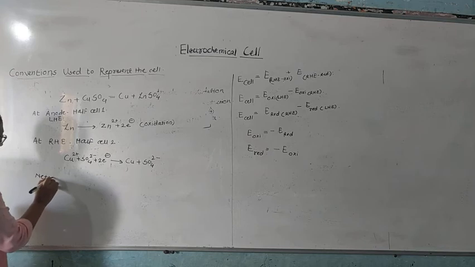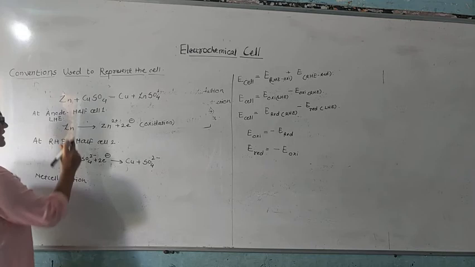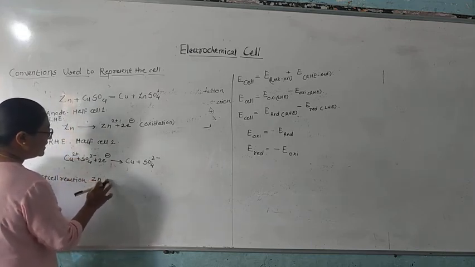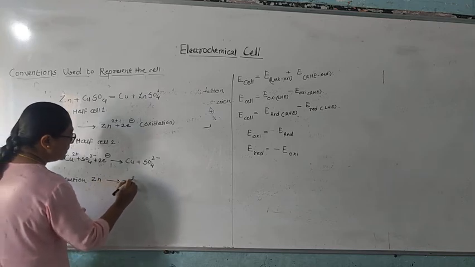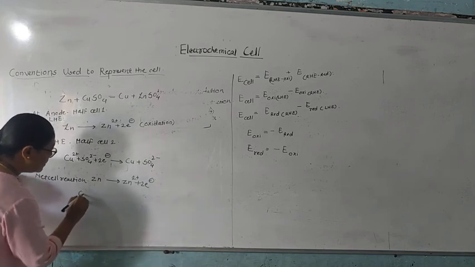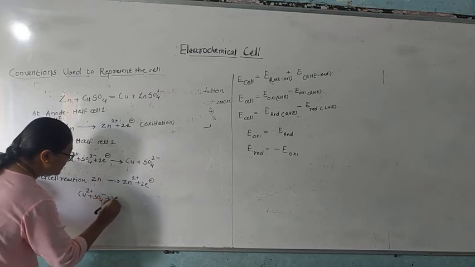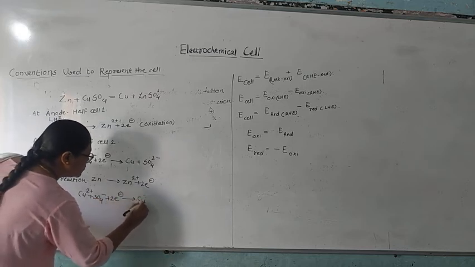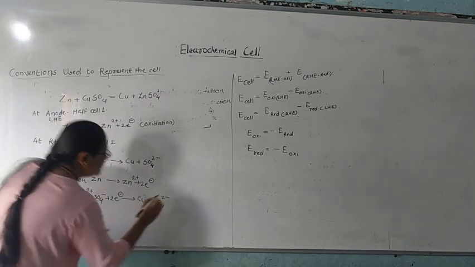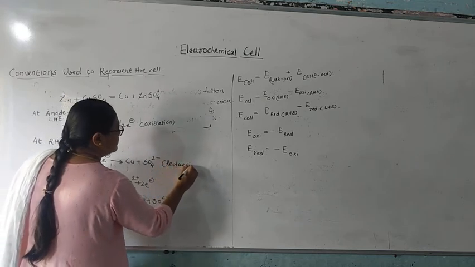Therefore, the net cell reaction. What will the net cell reaction be? Zinc giving rise to zinc 2 plus and 2 electrons, and copper 2 plus sulfate ion plus 2 electrons gives rise to copper plus SO4 2 minus ion. Right? Here we had left to write the reduction.